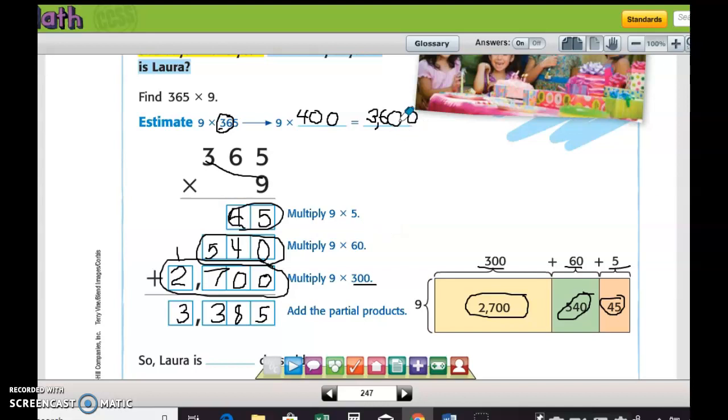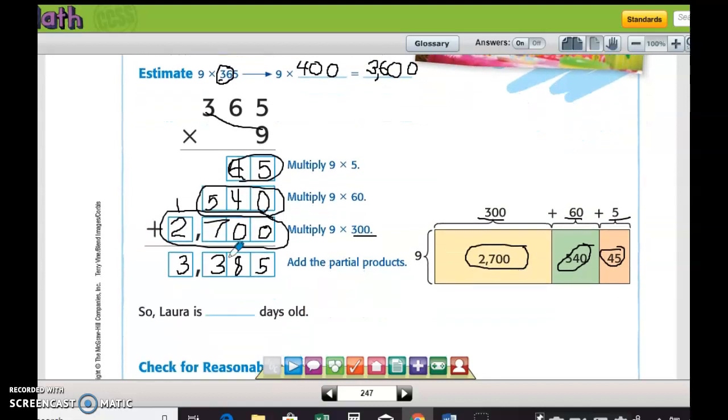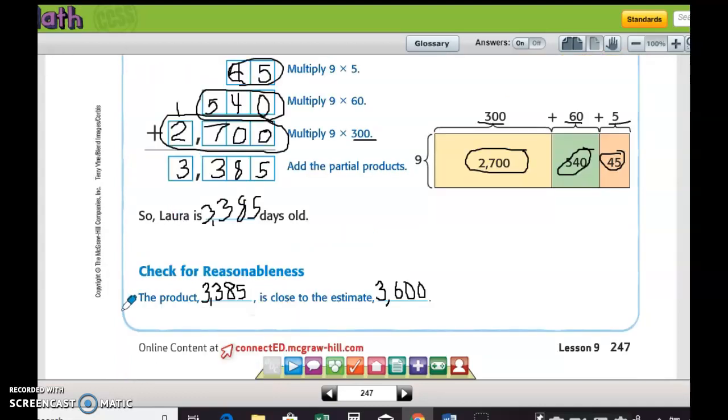So our estimate was 3,600. Our actual answer is 3,385, which, considering how far up we rounded, is not bad. So our product, 3,385, is close to the estimate, 3,600.